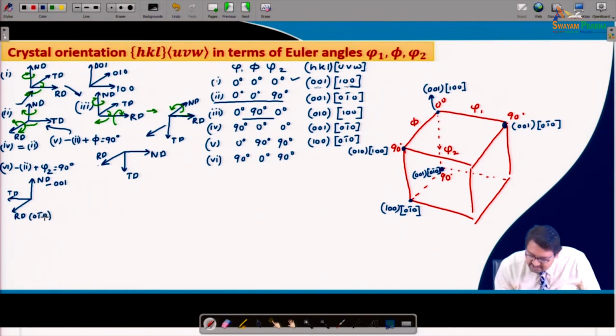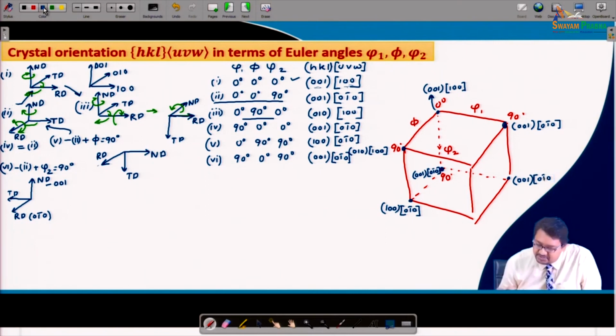So, let us write the sixth one, which is 0 0 1, 0 1 bar 0, and so you see phi 1 90, phi 0, phi 2 90 is this position, which is basically 0 0 1, 0 1 bar 0, right.